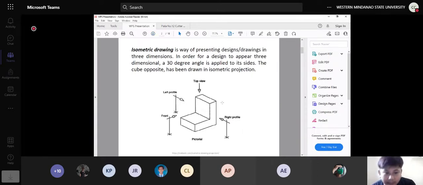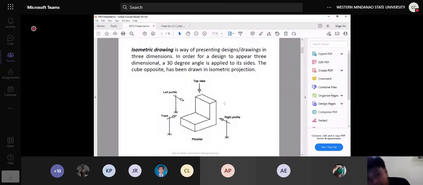In this figure, it shows us the different sides or views of our isometric drawing. When we do the isometric and orthographic representation of our object, definitely we need the different views. The isometric drawing is the combination, the 3D look of our model, for orthographic. Those are the 3D representation which consists of different 2D views, such as in this case, the front view, the left view or left profile, the right view or right profile, top and bottom.